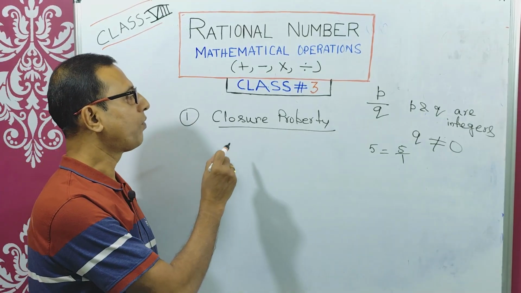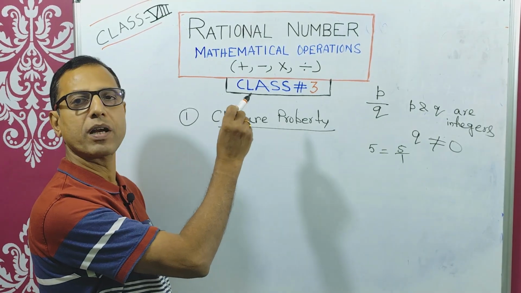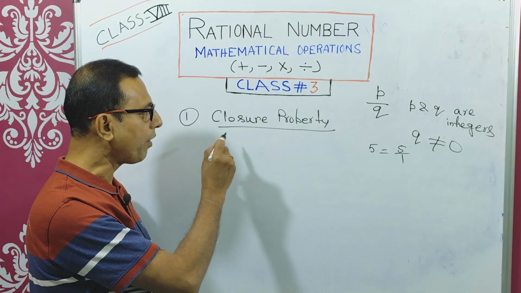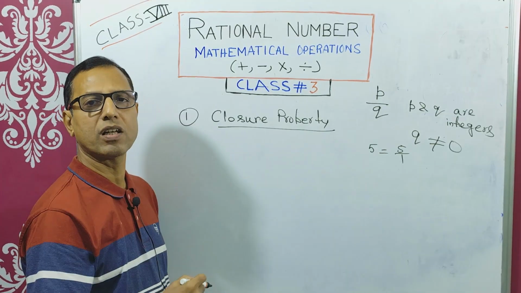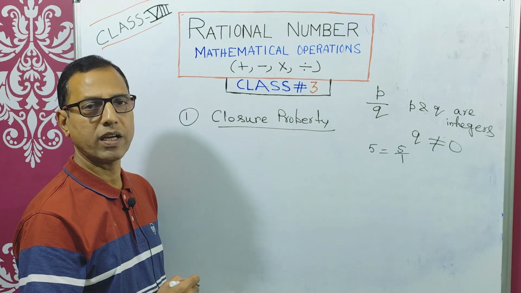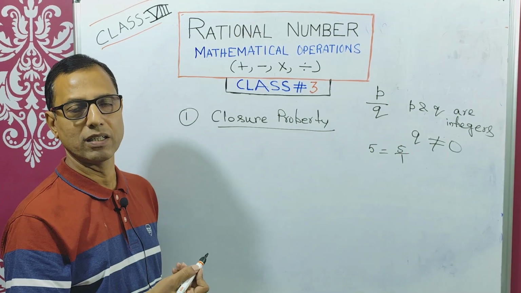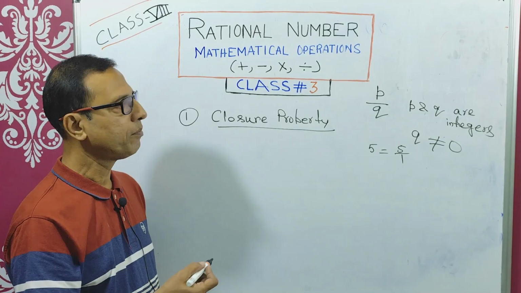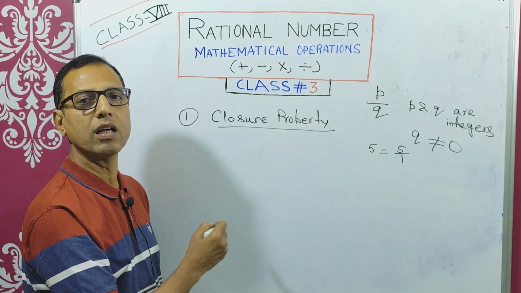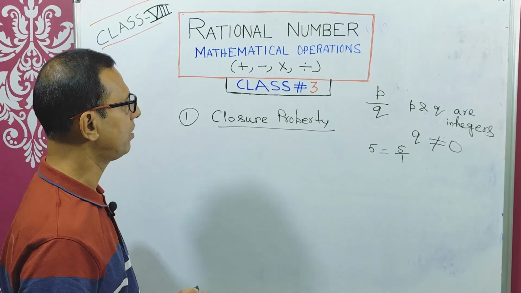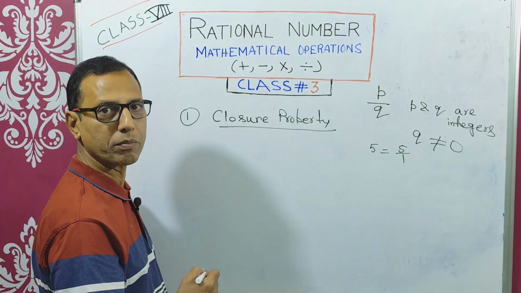So here for addition, subtraction, multiplication or division, for your understanding, I will mostly use natural numbers or integers. In a few cases I will also use fractions, but in most cases I will use natural numbers or positive or negative integers. What is closure property?